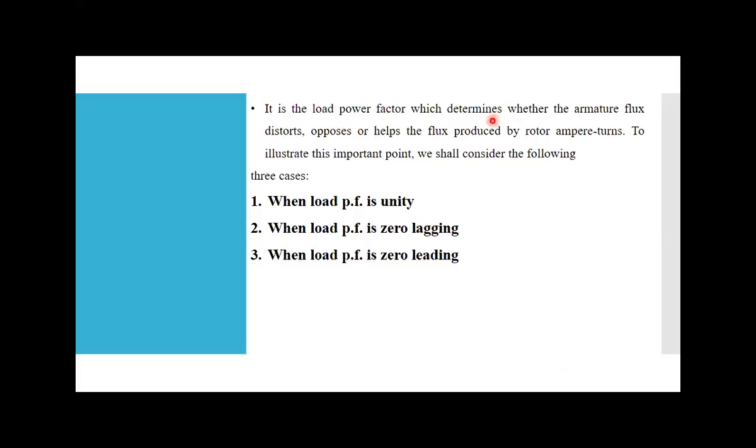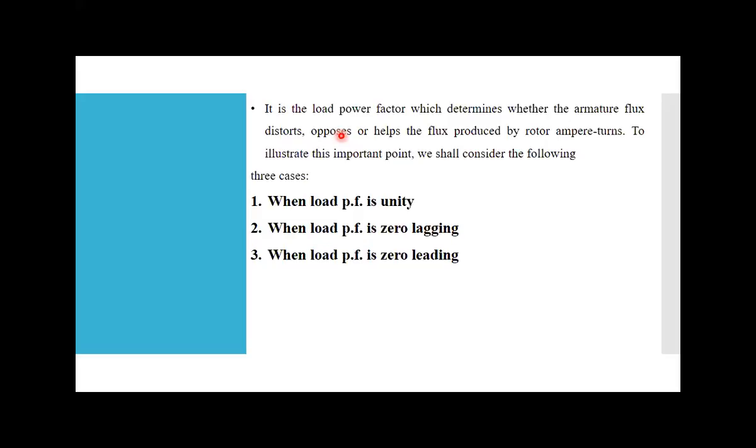So it is the load power factor which determines whether the armature flux will distort the main flux. Distort means suppose it is sine wave in nature, but due to the armature flux it will not remain a sine wave. It will be distorted like that. Either my armature flux distorts the main flux, or it will oppose the main flux.